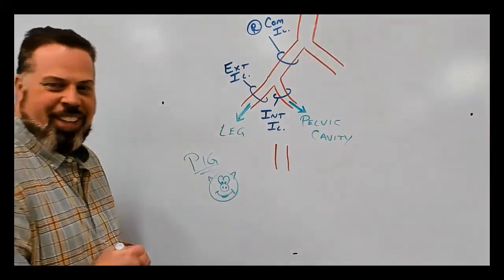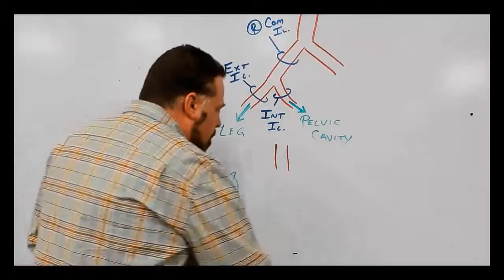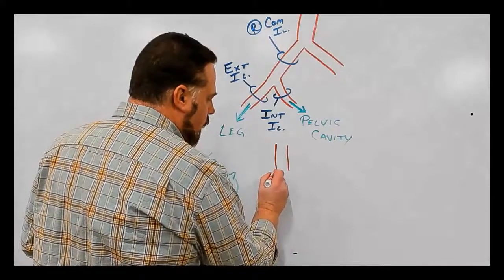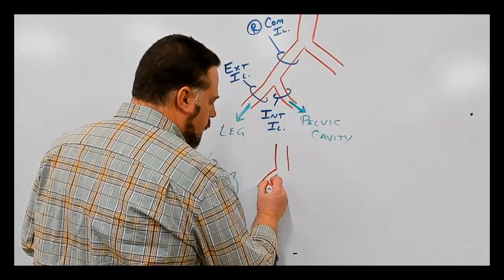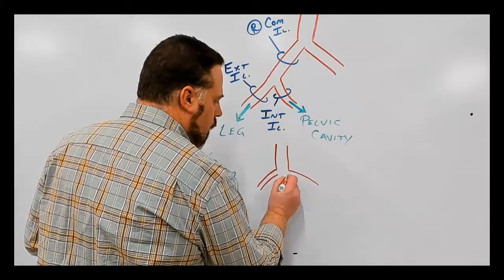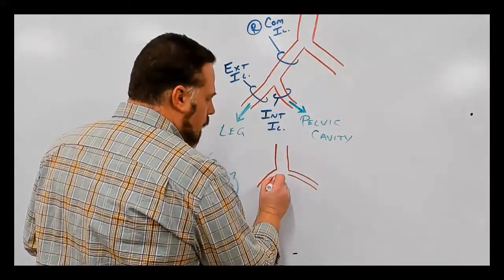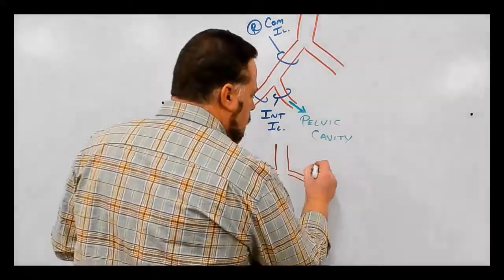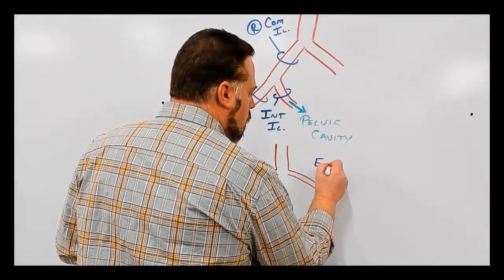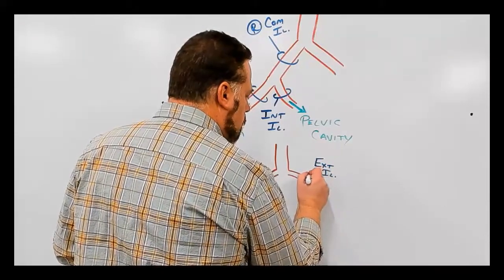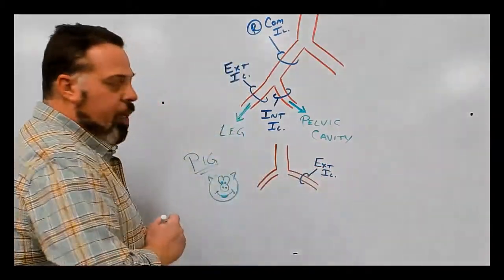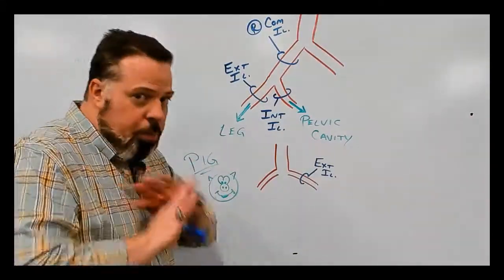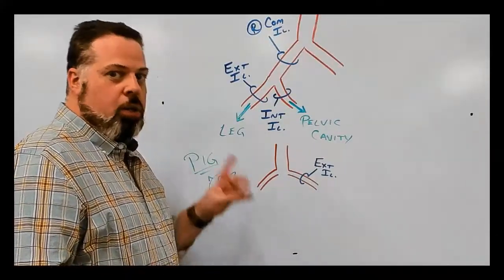So this is our descending aorta, and this is what happens. It's kind of a crazy thing. You're going to have a branch that comes off of here, and that is going to be the external iliac. Yeah, it's kind of weird. Pigs don't have common iliac arteries. Veins, it's completely the same as in a human. Arteries, it does this quirky thing.